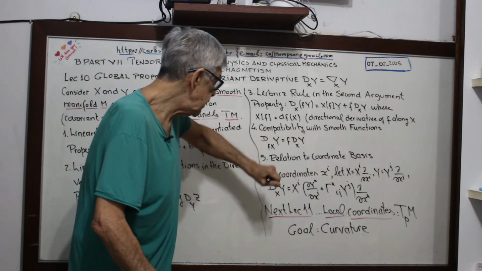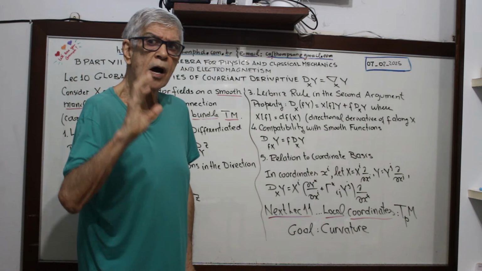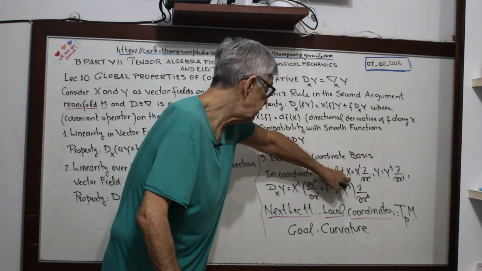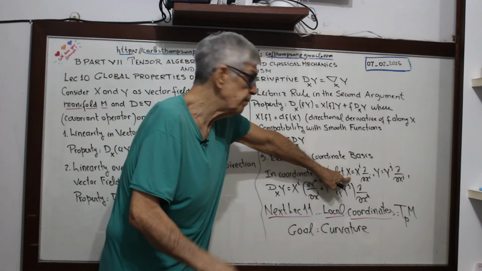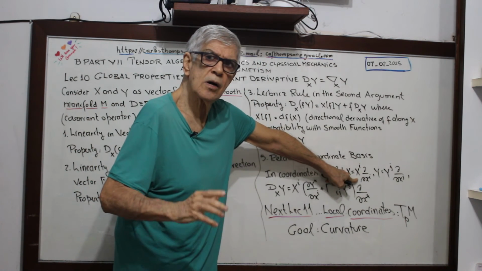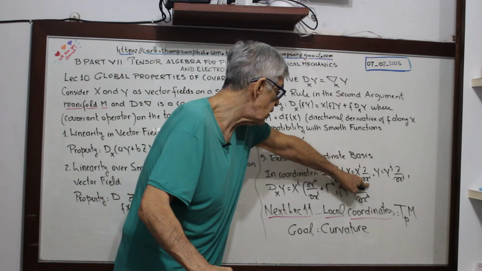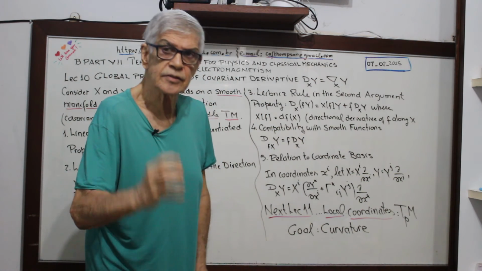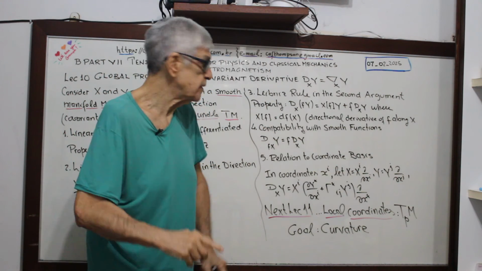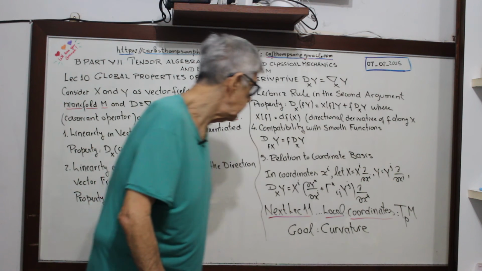In coordinates x^i, remember that x^i are labeled, so let the vector field X be expressed in components. X^i are the contravariant components, and partial_i are the basis vectors, both belonging to the vector space. Now Y is Y^j partial_j.